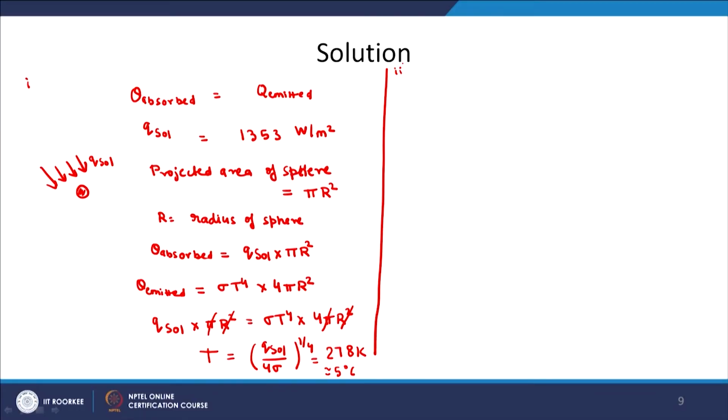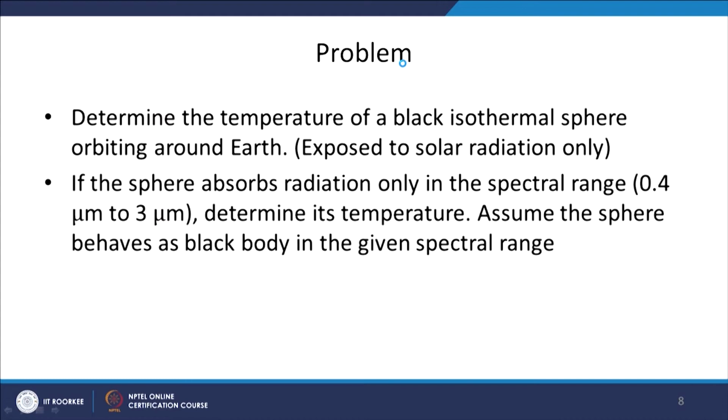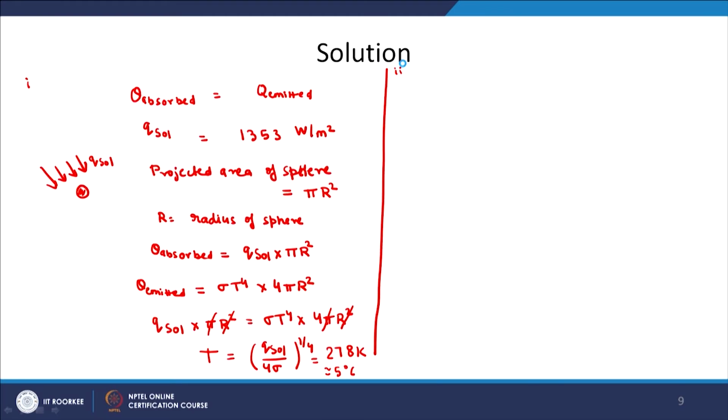Now, in the second part of the problem, what we know is that it absorbs radiation only in the 0.4 micron to 3 micron range. So, we will do the same thing again.